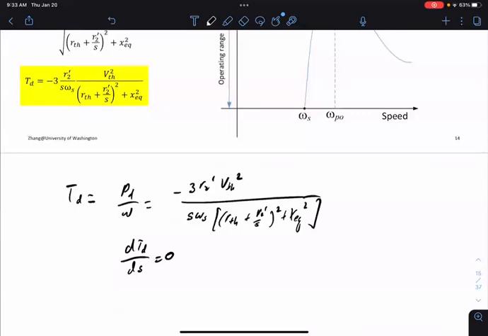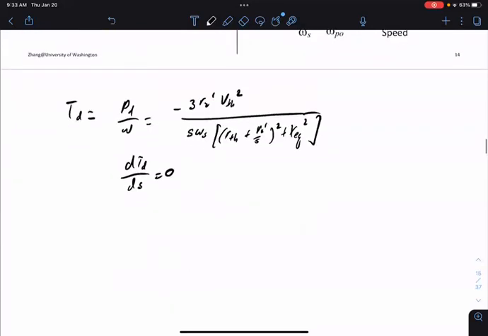After you take this derivative and set it to 0, there's not much point in showing the calculation, but the number comes out this way: R2 prime over the square root of R1 squared plus X equivalent squared. This is where the maximum slip occurs.